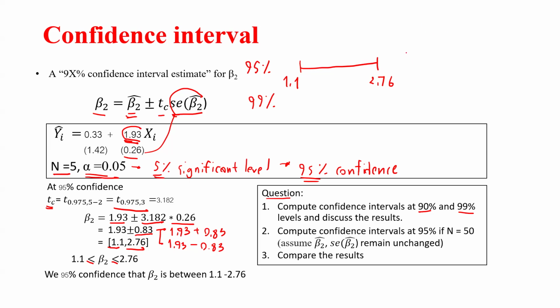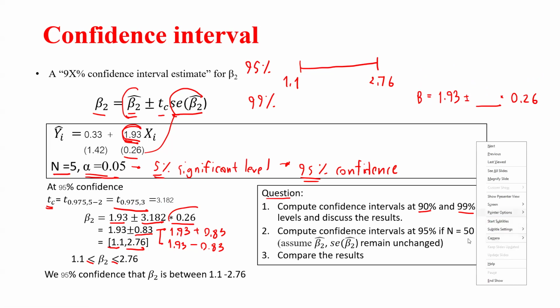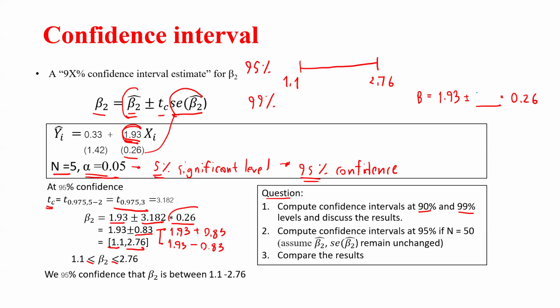So the formula here: beta is the same, right? Plus and minus t multiplied by standard error, same. The t value is 5.841. I will change the color.